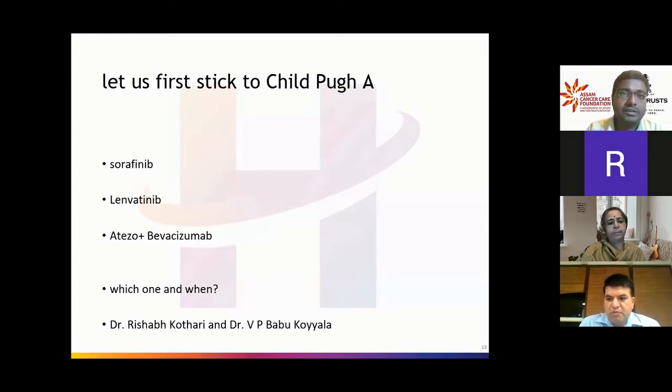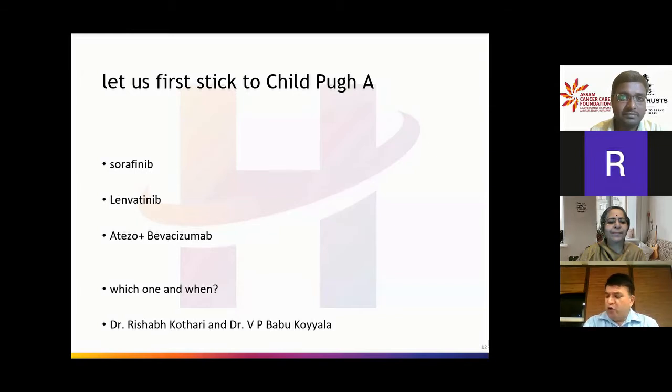So ultimately, we end up starting sorafenib, and based upon tolerance, sometimes lenvatinib. So this is how my practice is. Tyrosine kinase inhibitor is the cornerstone for your practice.